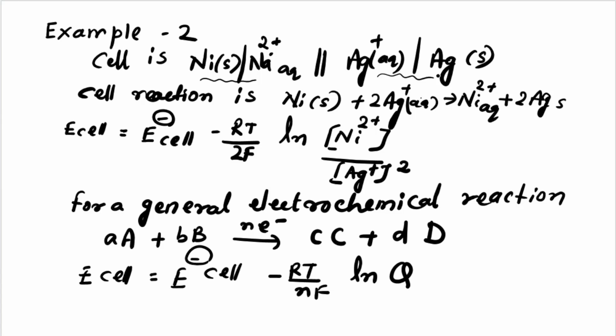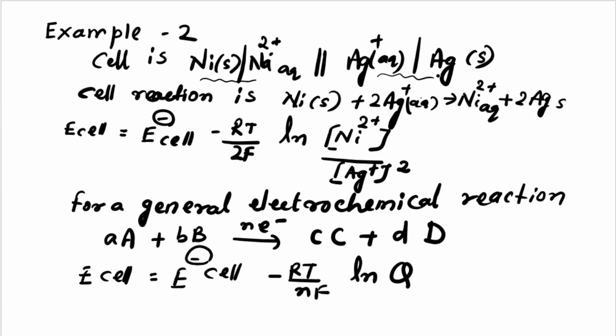For the general electrochemical reaction, you know aA plus bB, using n electrons, gives cC plus dD, the product. This is the reactant, this is the product, and n electrons are involved.